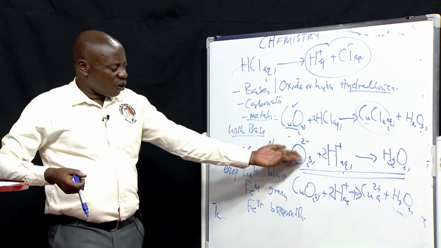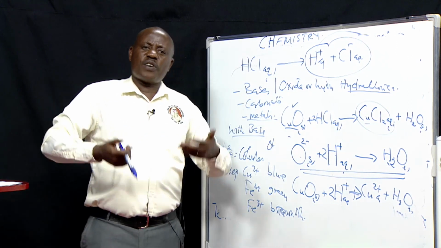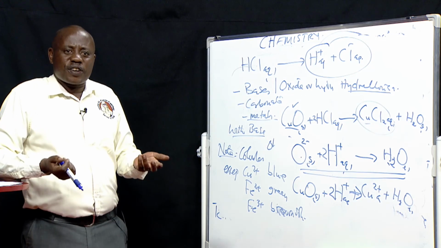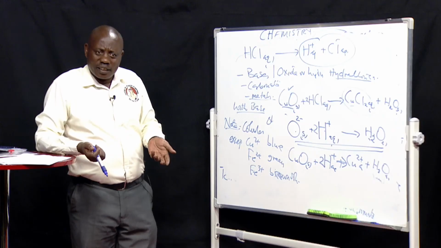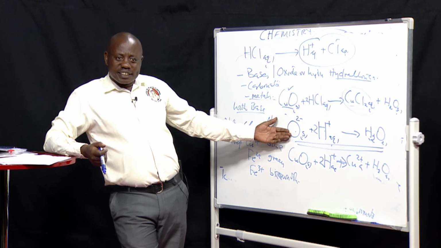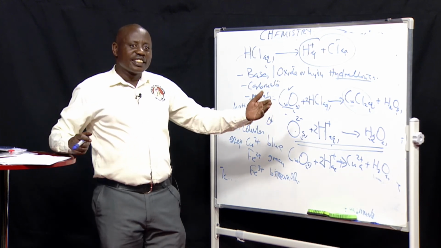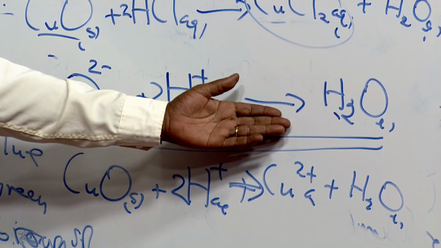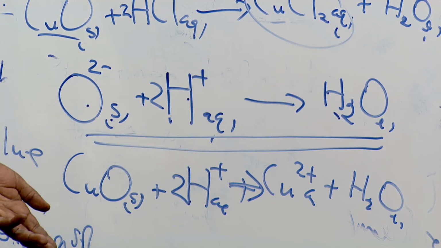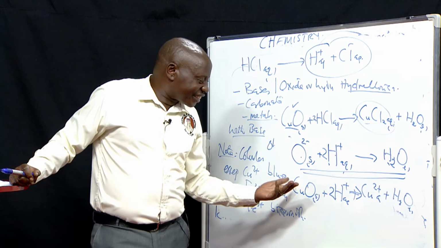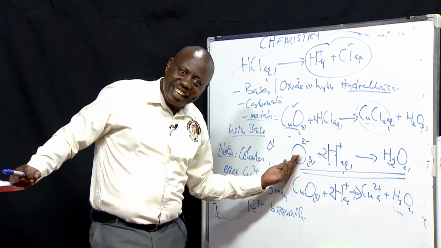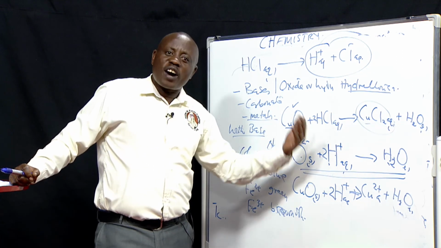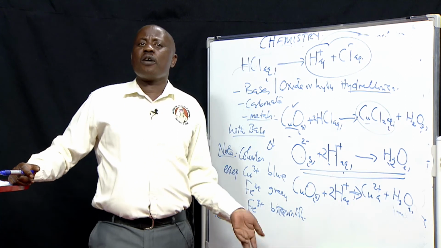So for this equation, oxide and hydrogen ions, even if I wake up and say we are at UBC, and UBC oxide reacts with an acid, what do you get? Do you know the formula of UBC? No. You simply say, I know the formula of oxide, and I know the formula of hydrogen ions, which is acid, and you form water.